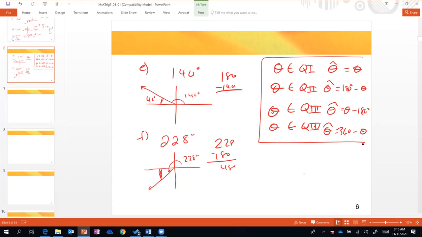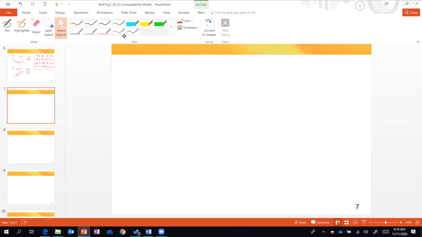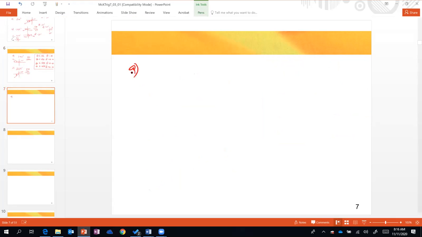This EFG. Good. I'm just making sure you guys are done writing here. So now, G. Give me the reference angle. This one, don't graph. The reference angle to 309. But don't graph it, just give it to me. What's the answer?